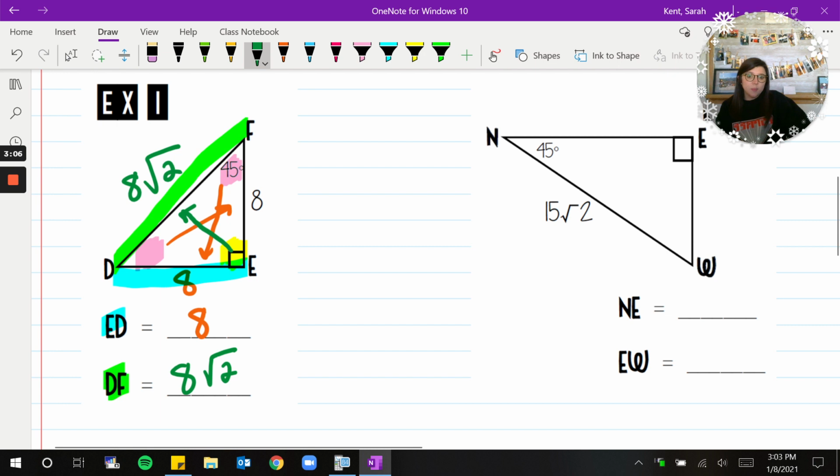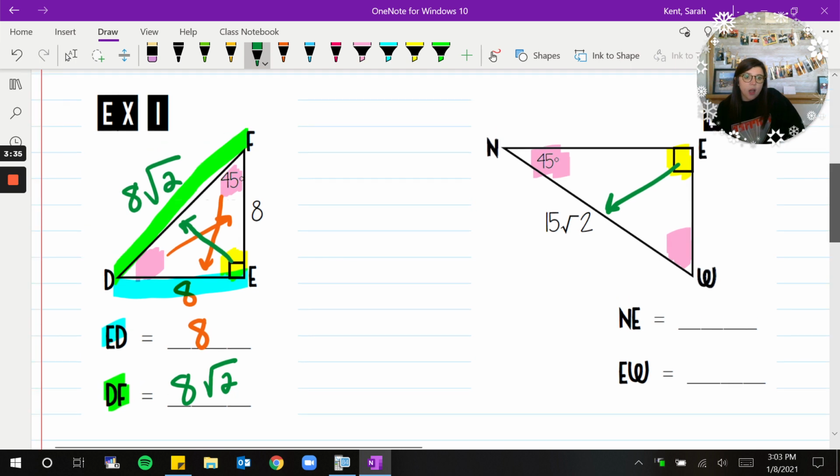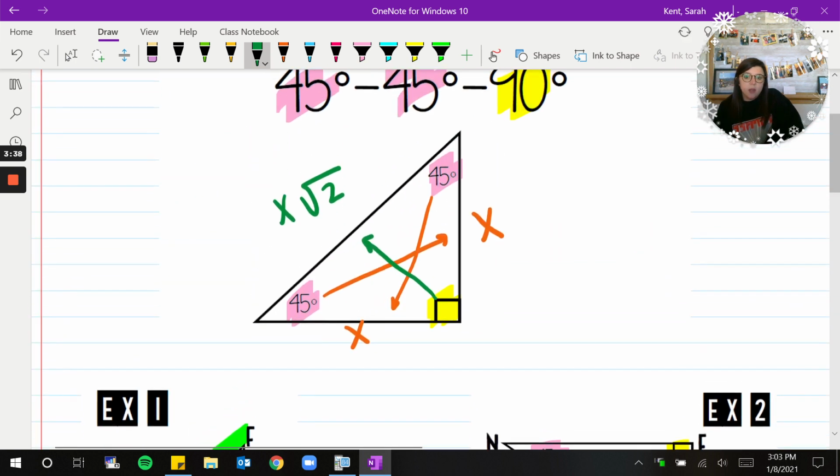All right, on example 2, my picture's hiding the 2, but this is example 2. Here is 45 degrees, so that means this will also be 45 degrees. And then here is our 90 degrees. If we look, we have this 15 square root of 2, which is across from our 90 degree. If we look back at the top where we first talked about our rules, across from our 90 degree is x times the square root of 2.